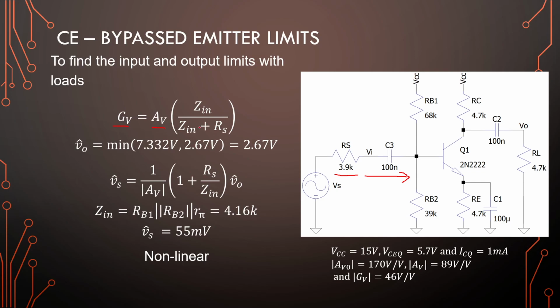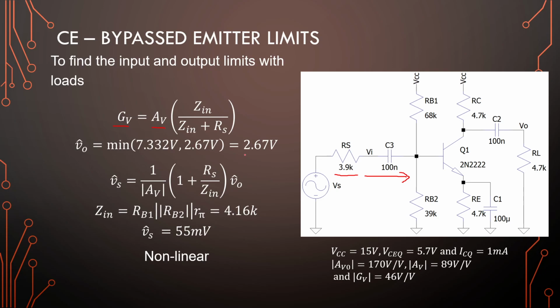If we rearrange this equation so that we have Vs and Vout, because GV is Vout over Vs, we get the equation 1 over AV is 1 plus RS over Zin, multiplied by Vout.